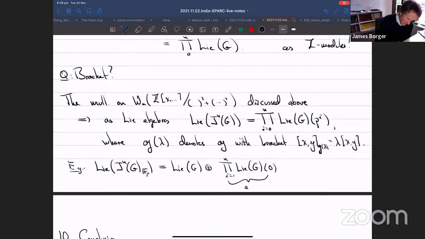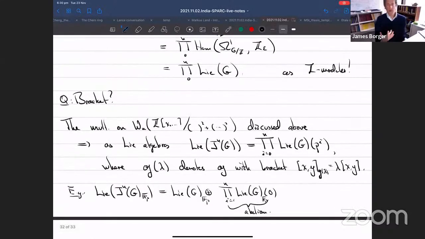So this is a big abelian part. So we're just reducing the usual situation, the situation I just discussed, modulo P.